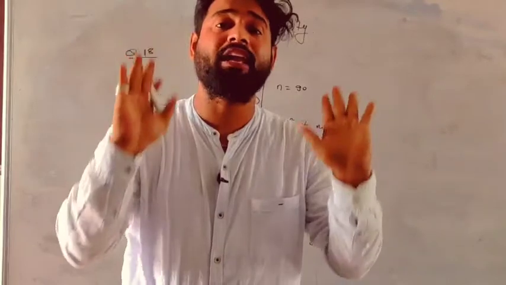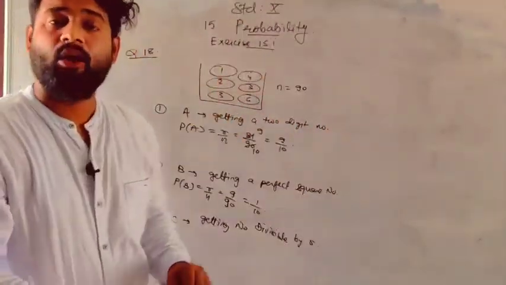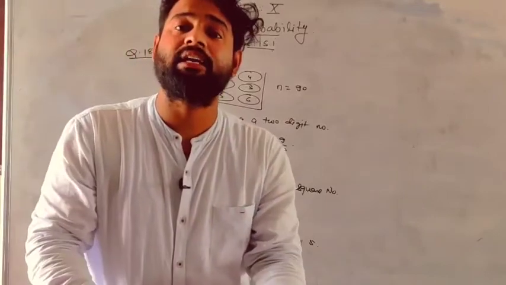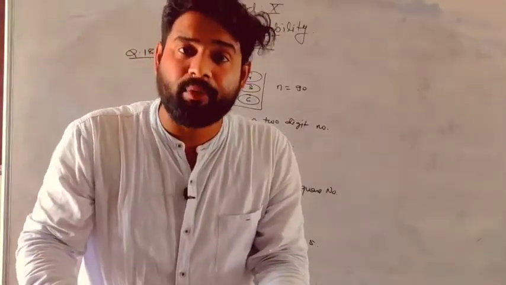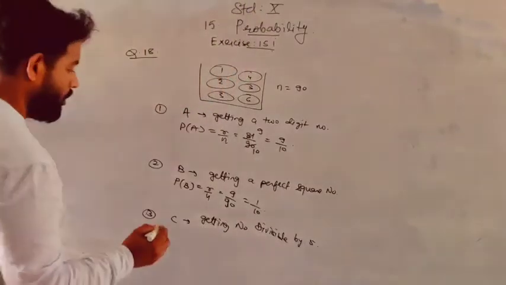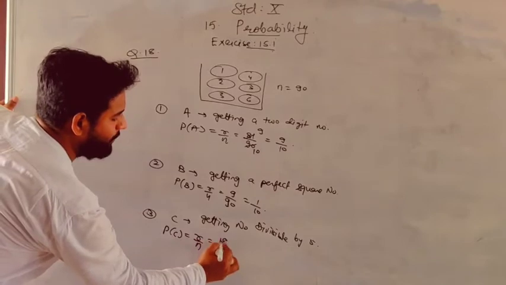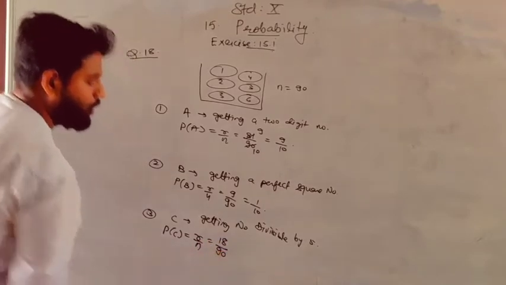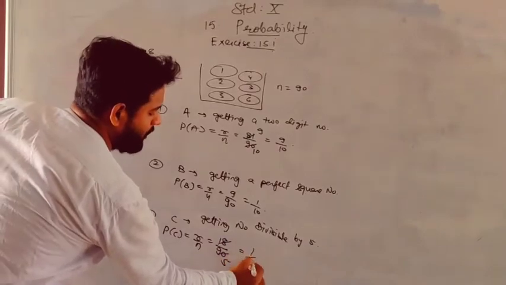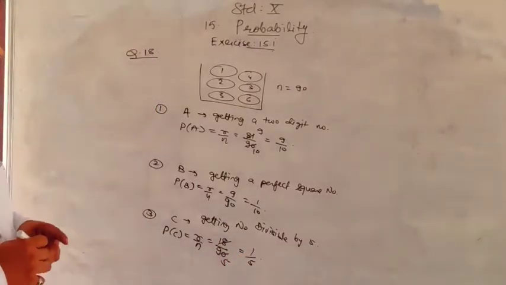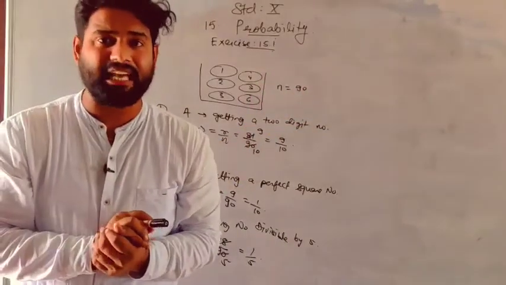So basically total 18 numbers are there out of that 90 discs which are multiples of 5. So probability of C is equal to r upon n. r is 18 upon 90 because total is 90. 18 fives are 90. So answer is 1 by 5. This is how you have to represent your answer. I hope it is clear, right?